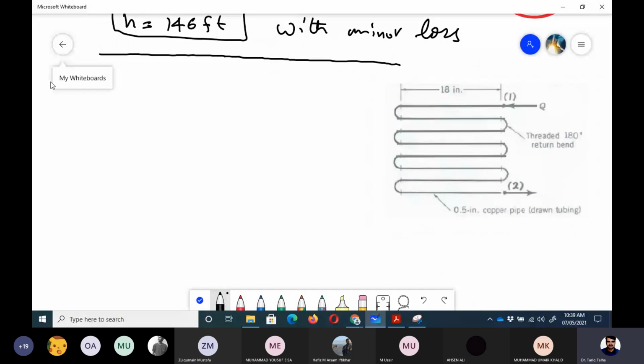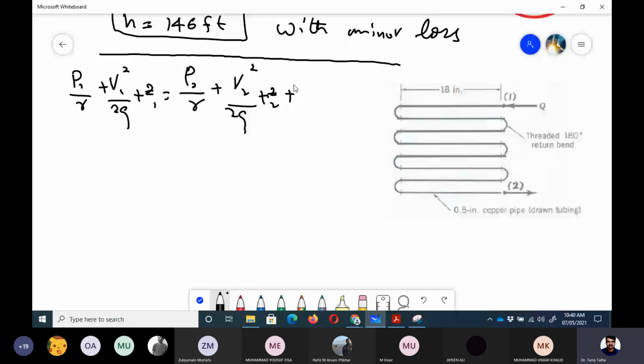So it would be P1 upon gamma plus V1 square upon 2g plus Z1 is equal to P2 upon gamma plus V2 square upon 2g plus Z2 plus fL upon D V square upon 2g plus summation K_L V square upon 2g.